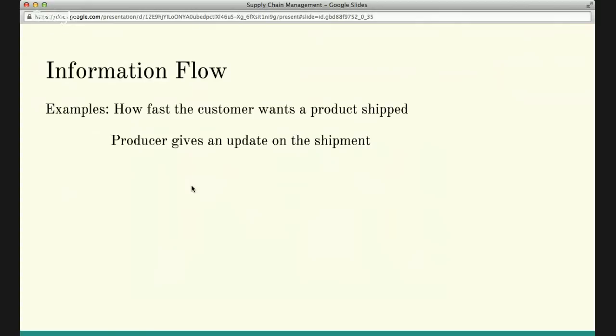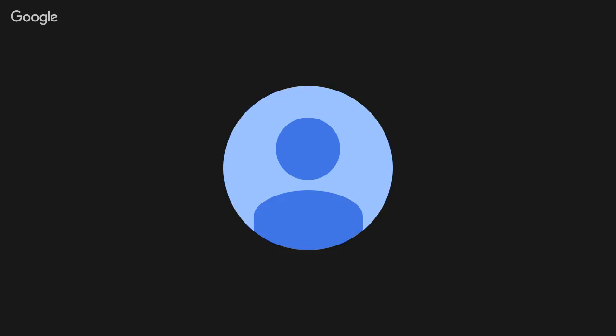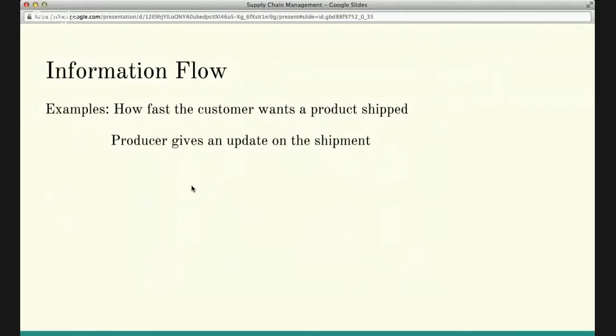Information flow is basically the communication. Some examples: he'll click 1 day shipping or whatever, and oftentimes, if you're not doing 1 day shipping, the producer will give an update on the shipment saying when it's left the warehouse, if it's been delivered, things like that.